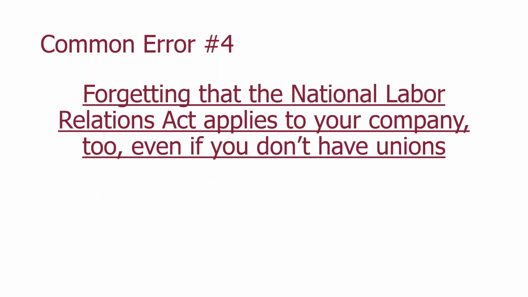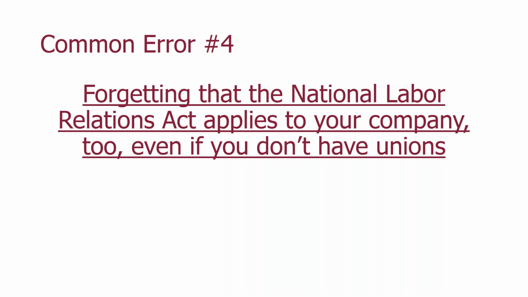All right, common issue number 4, forgetting that the National Labor Relations Act applies to your company even if you don't have unions. So most of the National Labor Relations Act applies to companies that have unionized. But the NLRA has what's called Section 7, and it's been a major headache for companies for a while.